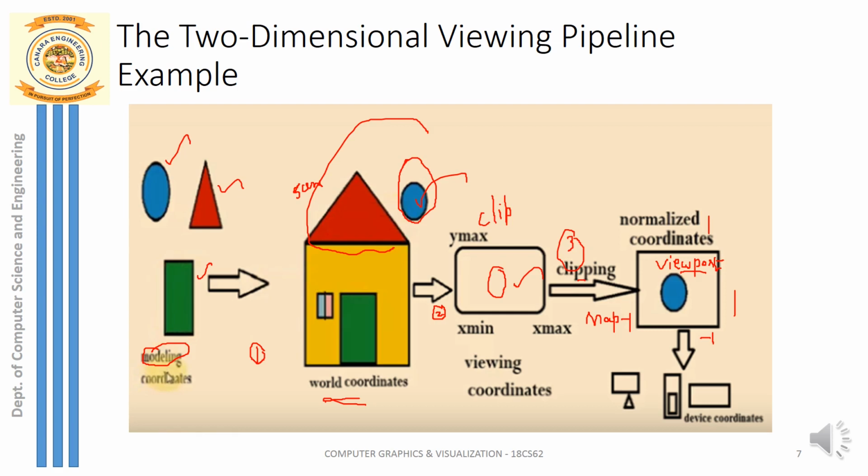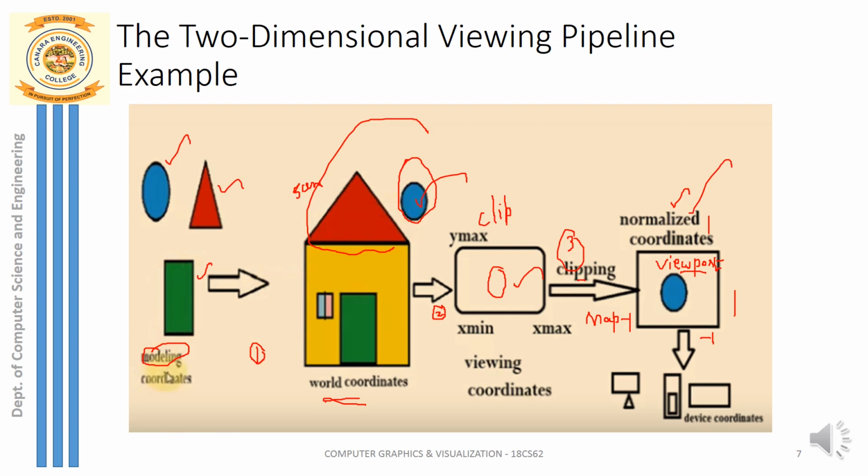And this is nothing but the boundary that you are setting for your viewport, or in other words you call it normalized coordinates. Once your 2D graphics is inside this boundary given by -1 and +1, you can call that this particular object is normalized.